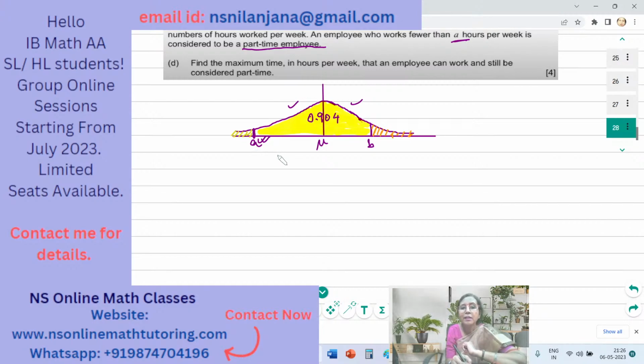How can we find that? We know the total probability is 1. And if we subtract this part, we will be getting the probability of this section plus this section.